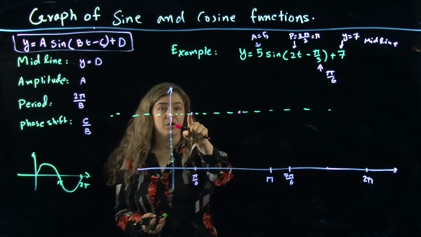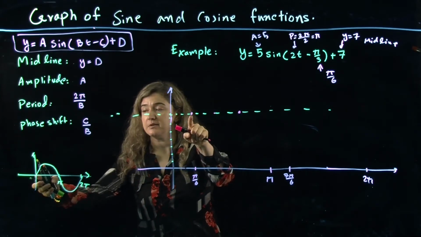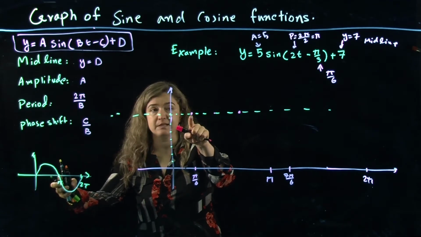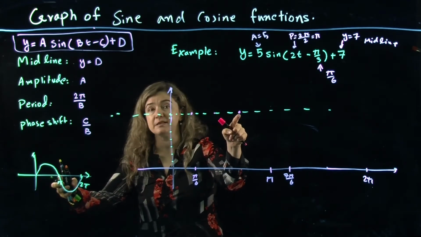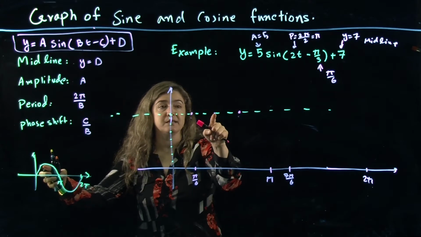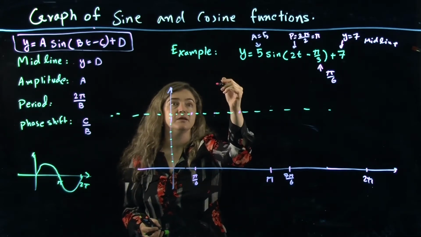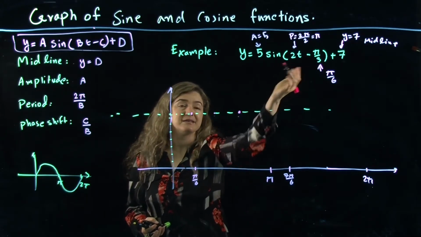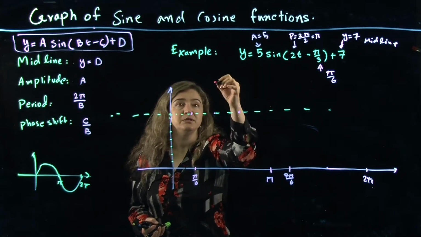So over here, midline is corresponding to that 0 moved 7 up. This peak is in the middle, should move up 5 from that 7, because amplitude is 5.